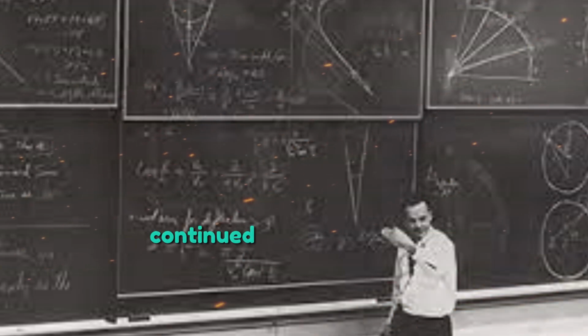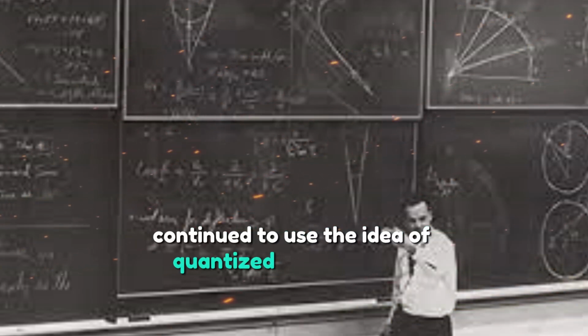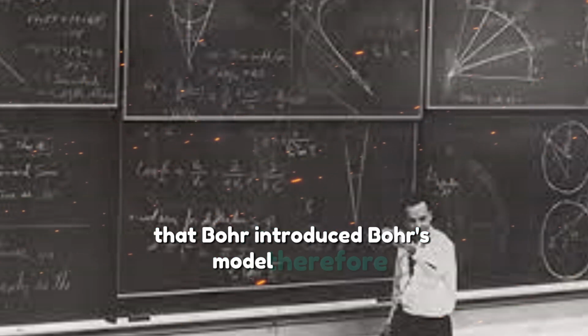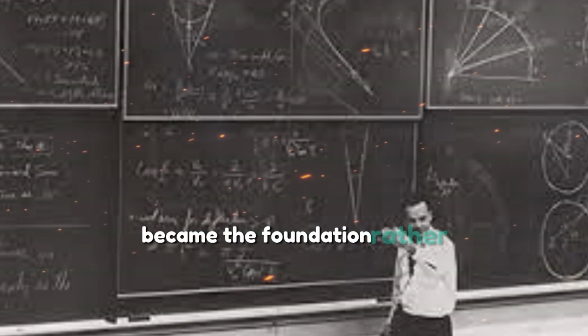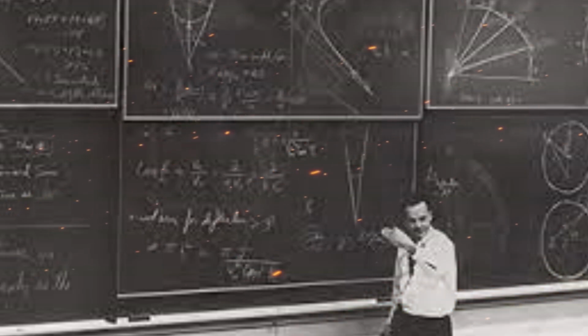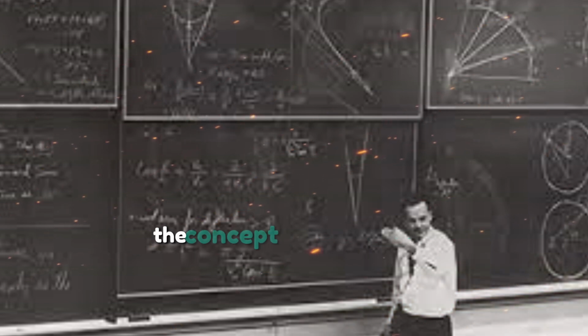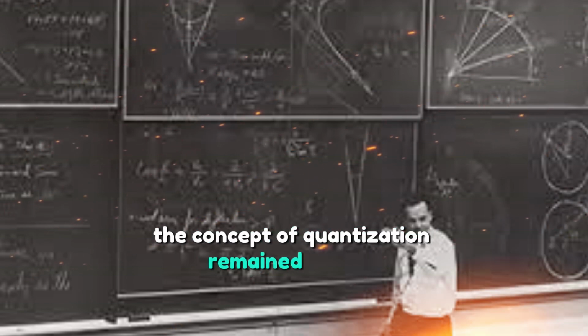Yet both continued to use the idea of quantized energy levels that Bohr introduced. Bohr's model, therefore, became the foundation rather than the final answer, even though later theories showed that electrons do not travel in fixed orbits. The concept of quantization remained central.